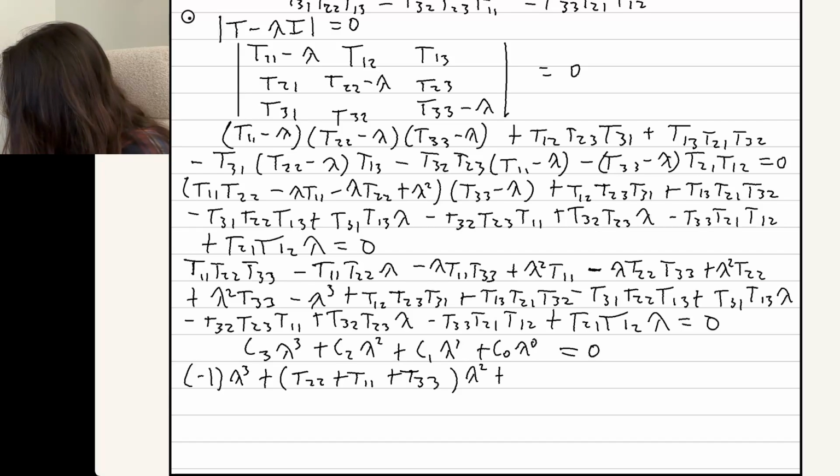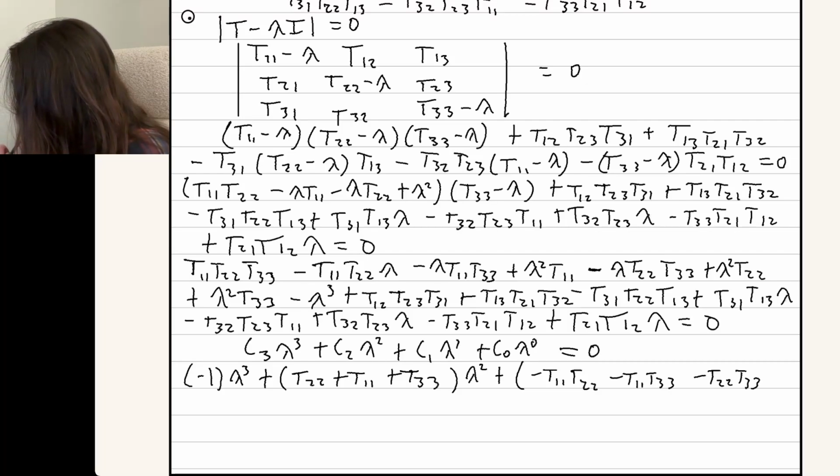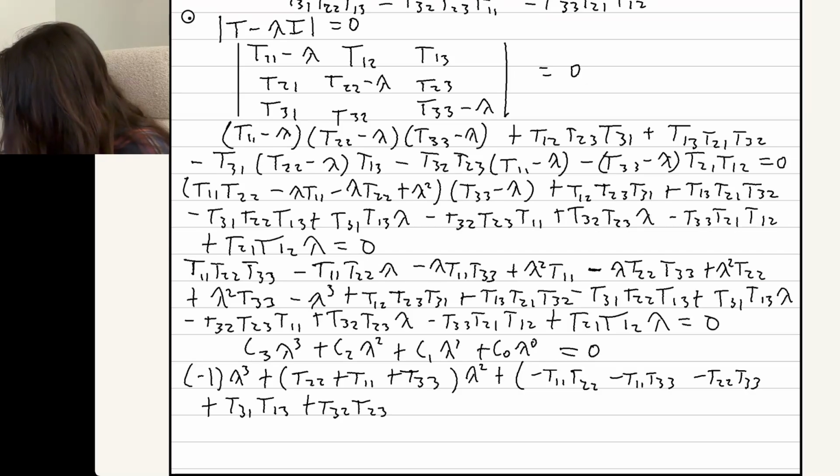The lambda to the 1 terms, there's a bit more of those: minus T11 T22, minus T11 T33, minus T22 T33, plus T31 T13 plus T32 T23 plus T21 T12.